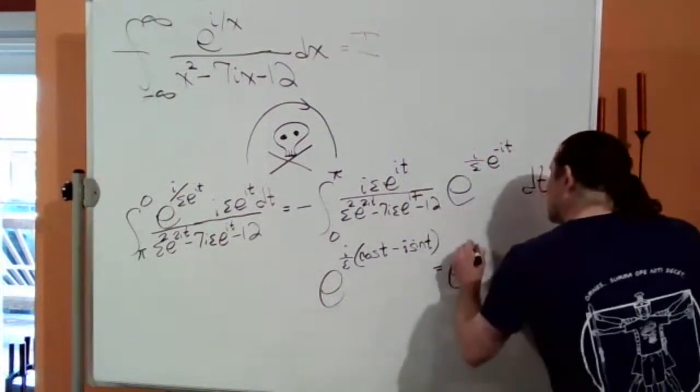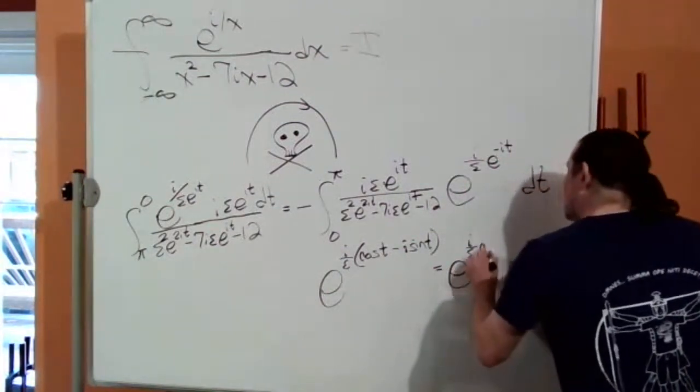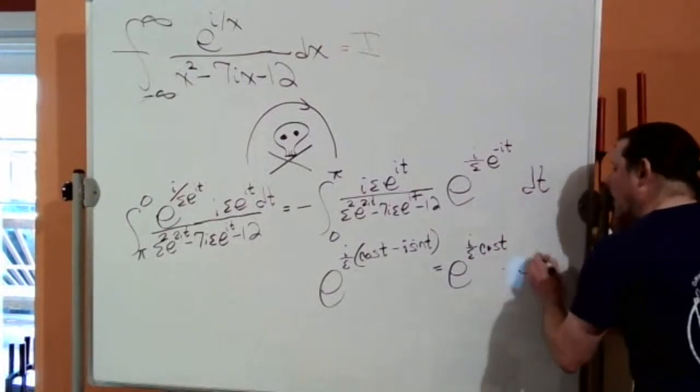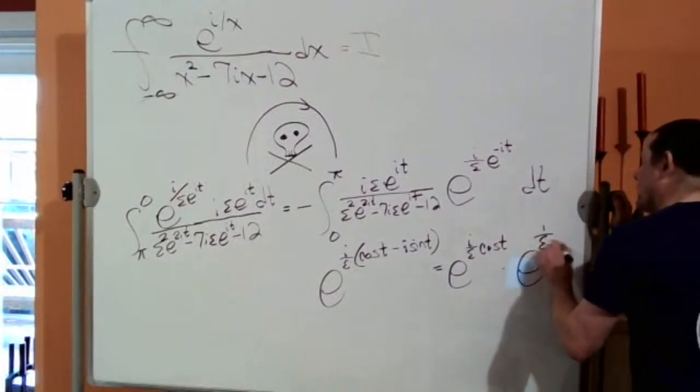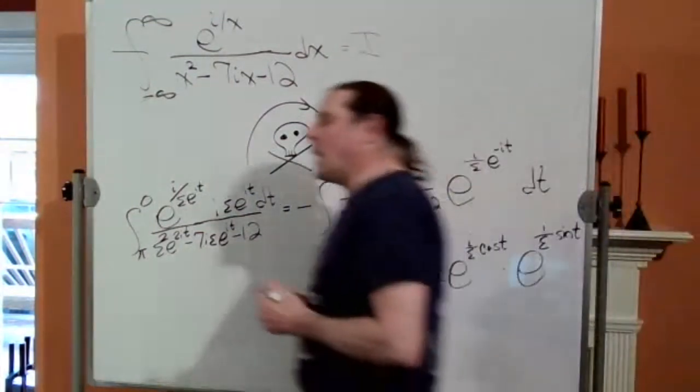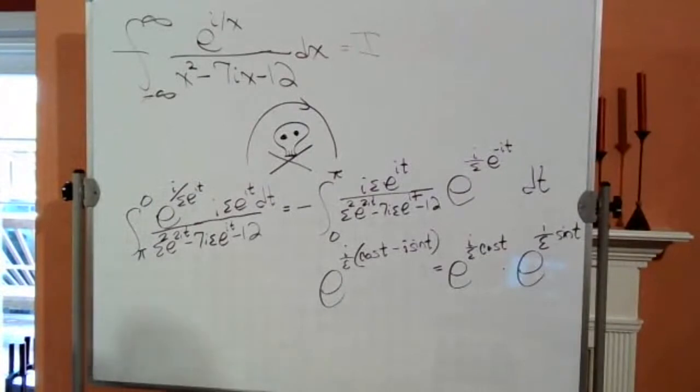So that's e to the i over epsilon cosine t times e to the 1 over epsilon sine t. And that's where the problem lies.